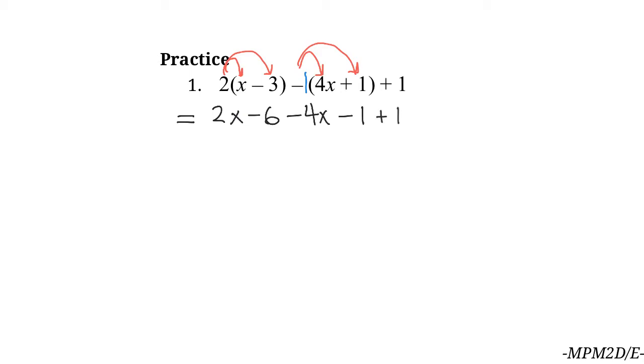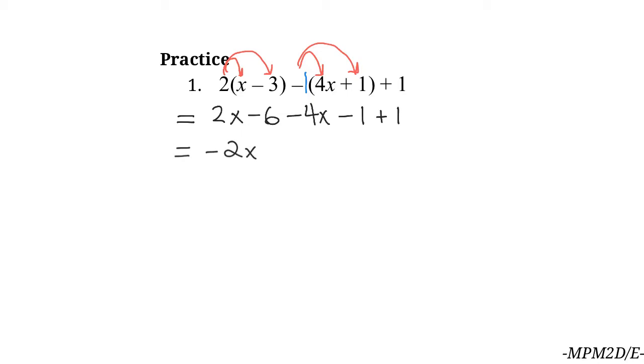So now we have a simplified expression, but we can try to simplify this a little bit more by looking for any like terms and then collecting those like terms. So I see that I have a 2x and a 4x. Those are like terms. So if I put them together, it's actually going to be 2x minus 4x, which is going to give me -2x.